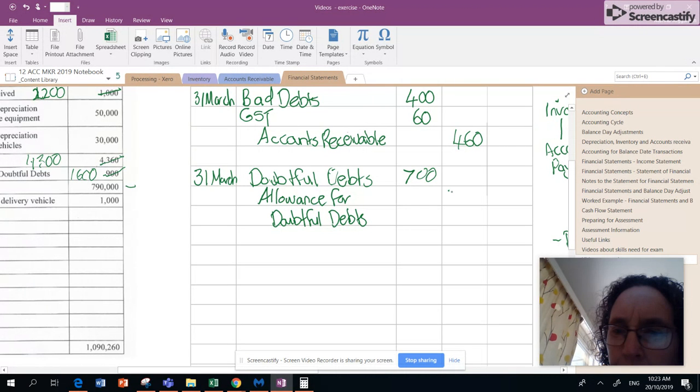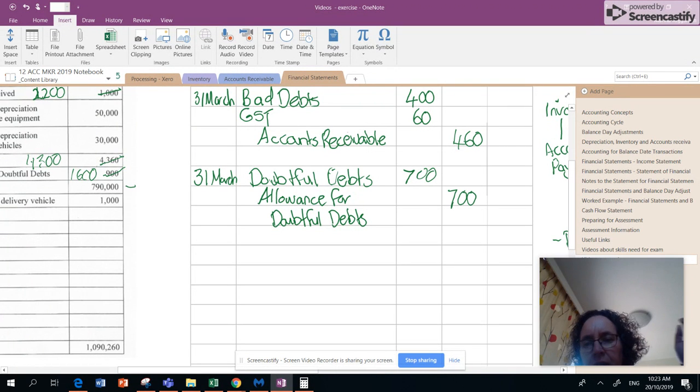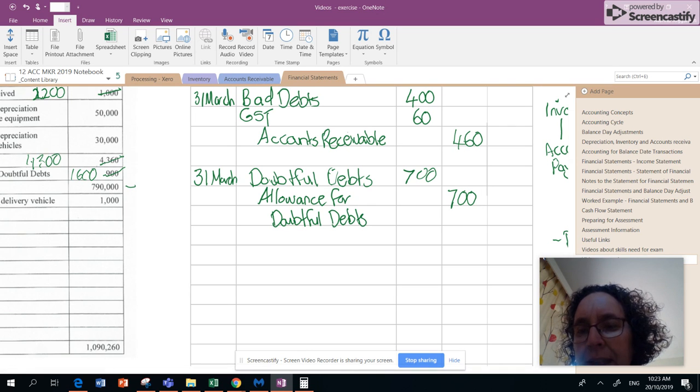Okay. Now, if we were decreasing doubtful debts, that journal entry would be around the other way. So our allowance for doubtful debts would be debited to decrease it, and doubtful debts would be the credit. Okay, so you can get it either way.